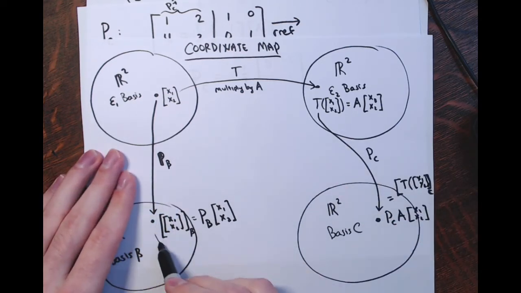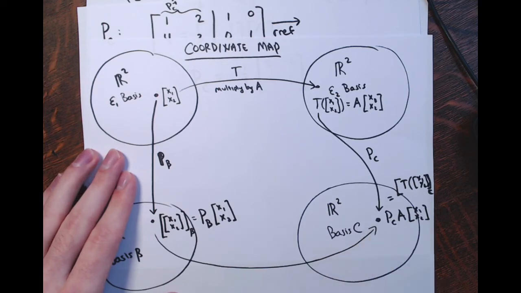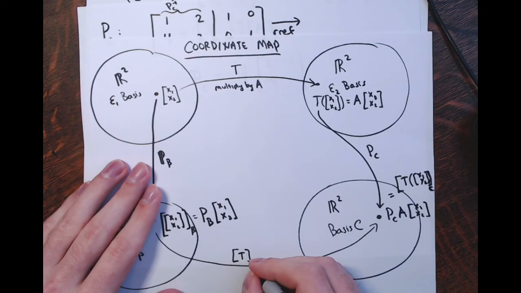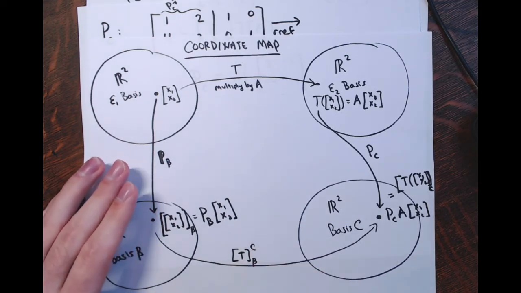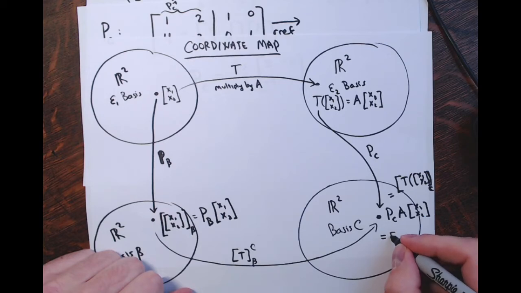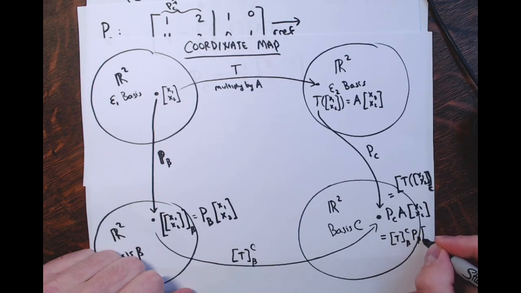Or I could get there coming from this direction, multiplying by our matrix representation relative to B and C. So this is equal to the matrix representation relative to B and C times PB times x1, x2.